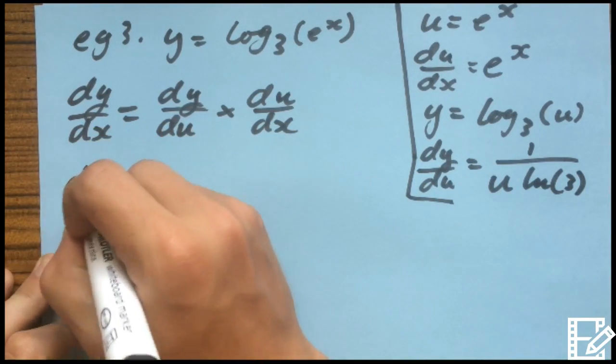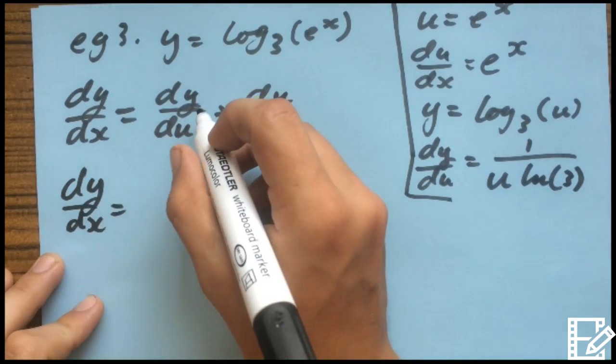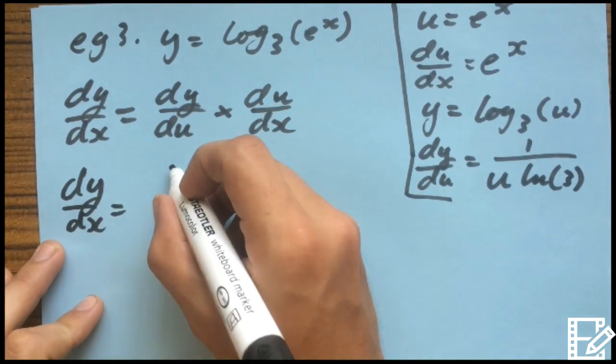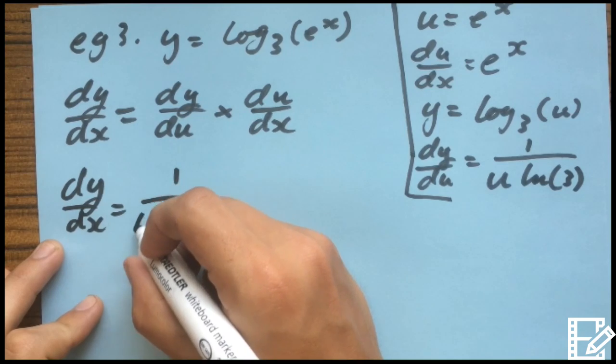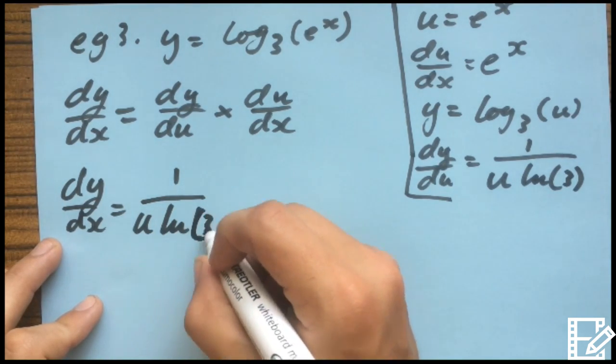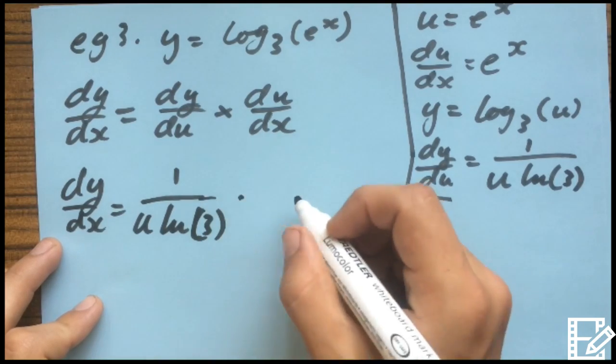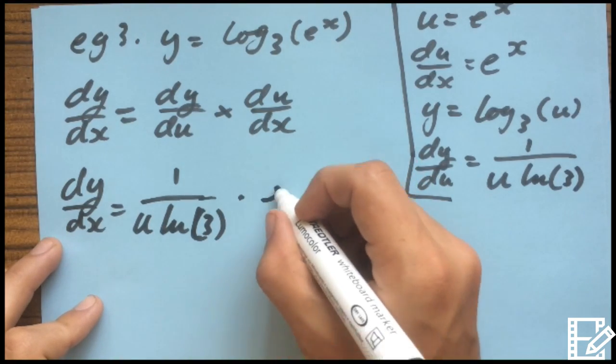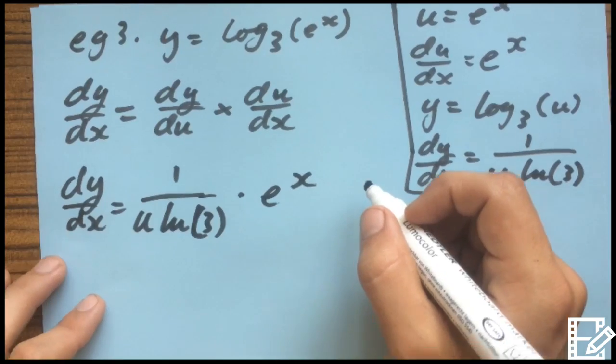If we're filling this in, we get the derivative of y with respect to u, which is 1 over u ln 3, multiplied by the derivative of u with respect to x, e to the power of x.